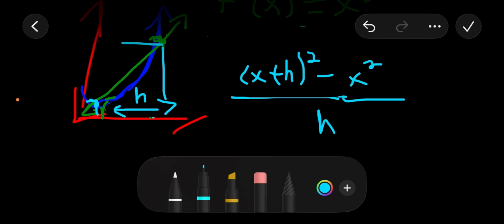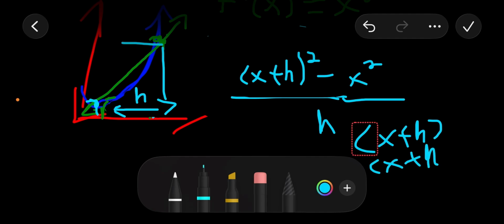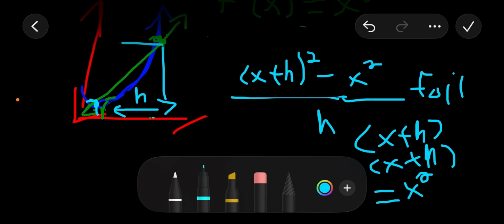So, x plus h squared, we could write that out as x plus h times x plus h. And according to the FOIL rule, x plus h squared equals x squared plus xh plus another xh, or 2xh, and finally plus h squared.